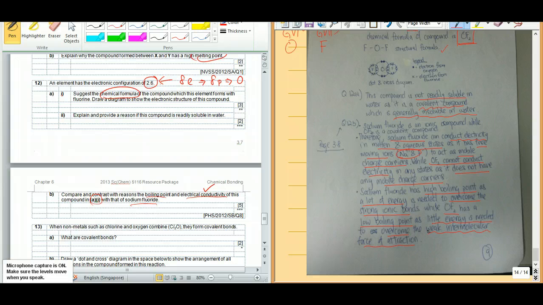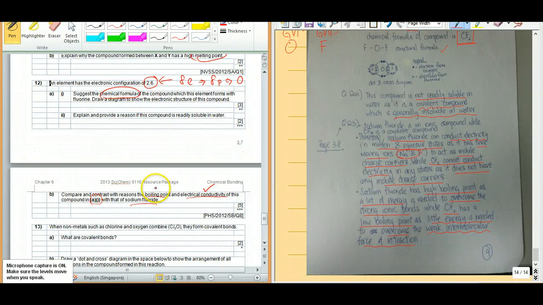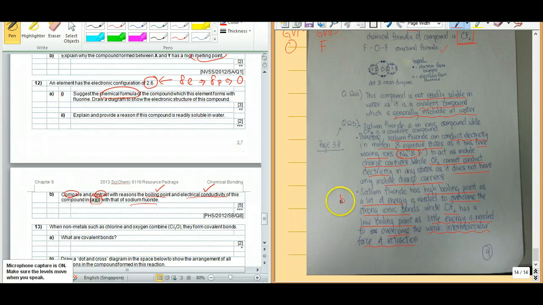So realize the statements are very similar. It's just that you must see what is the question required of you, and what are the things you need to answer. So in this case, we need to compare and contrast. So you must explain yourself for each of the statements you have made. So this is how you can get your 5 marks for 12 part B.